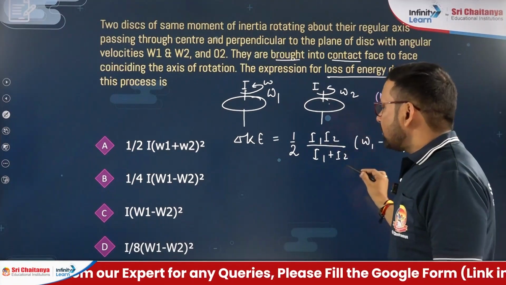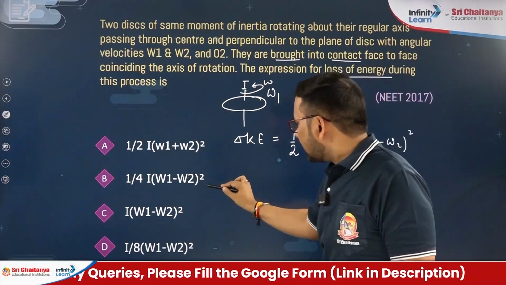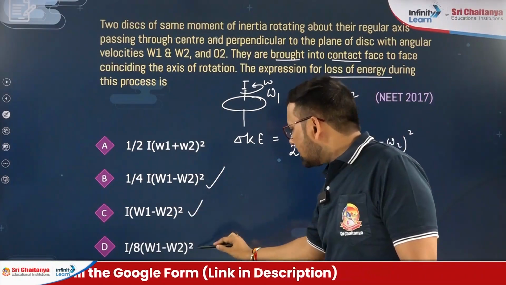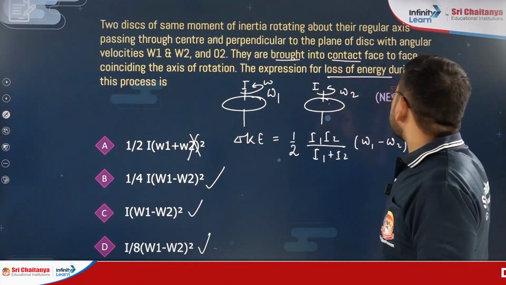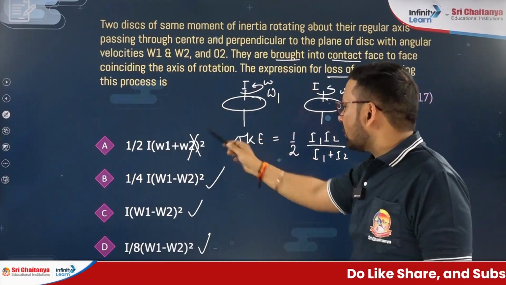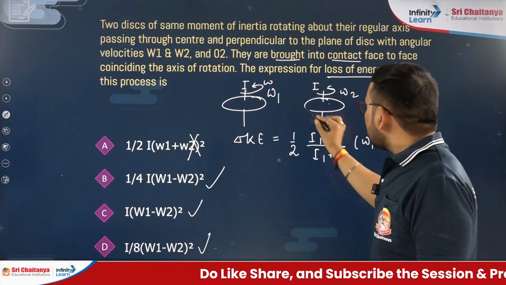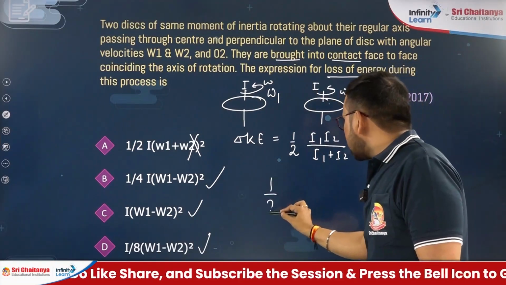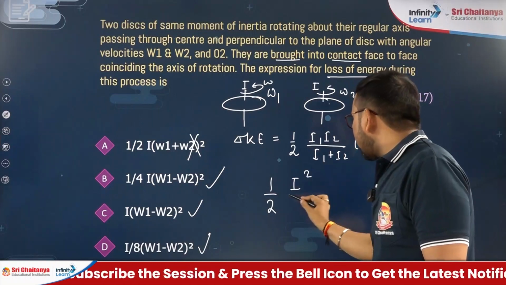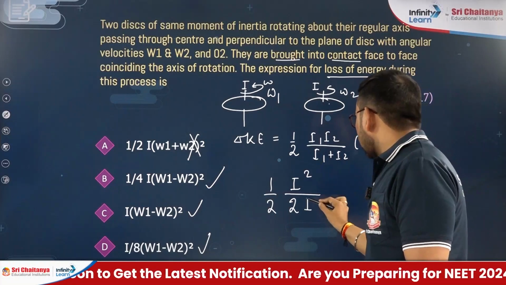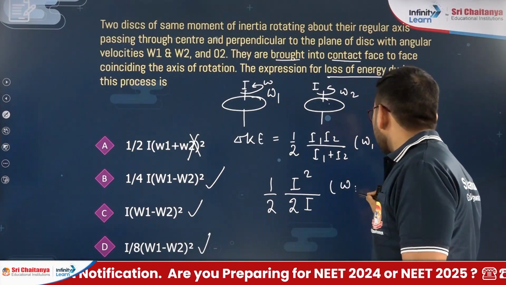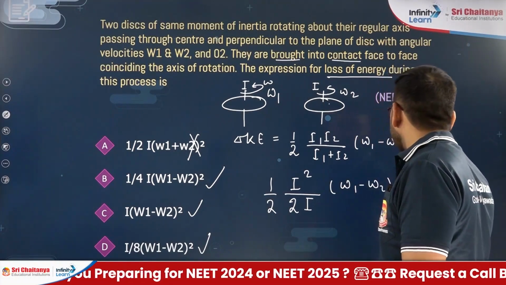They may be moving in the same direction or opposite direction, which is not given, so I will not go with that. And moreover, I is the same, so that would be, students, I into I square, I plus I, that is 2I, and that is omega 1 minus omega 2 square.